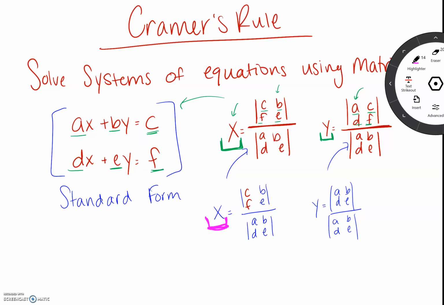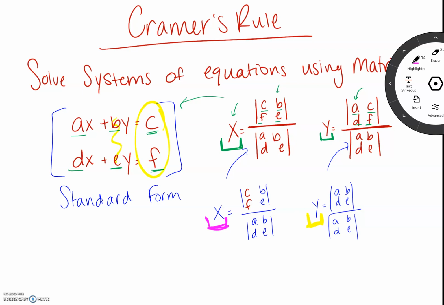And we can do the same thing with y. When we are finding y, we already have that y variable solved for, so we don't need these y coefficients in there.